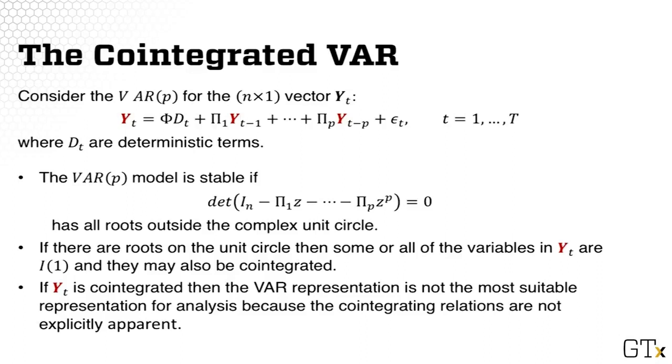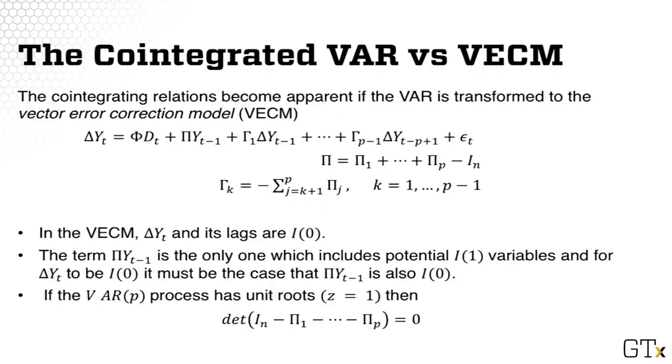If Y_t is cointegrated, then the VAR representation is not the most suitable representation for analysis because the cointegrating relationships are not explicitly apparent. The cointegrating relationships become apparent if the VAR is transformed to the vector error correction model, abbreviated as VECM.